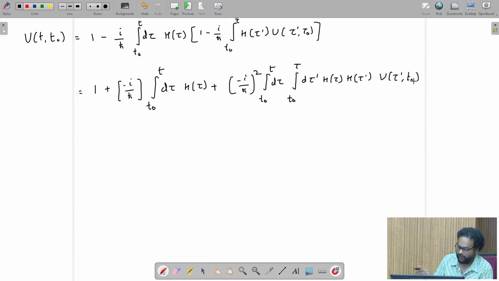Again, I'm left with U of tau', t naught. And so I can keep on expanding this out to multiple orders. I can expand to third order. That's what I'm going to do now because it's the most convenient way of representing this. I have 1 plus i over h cross integral t naught to t d tau H of tau. You might be wondering, why am I doing this? Bear with me.